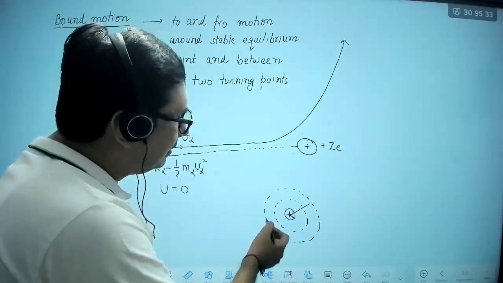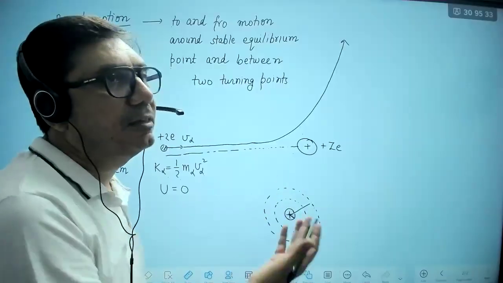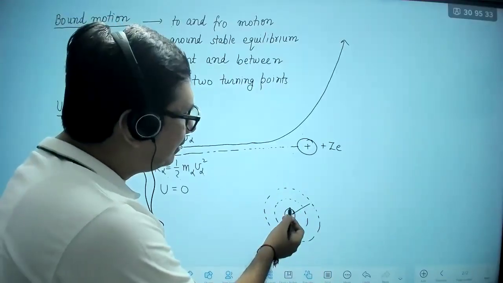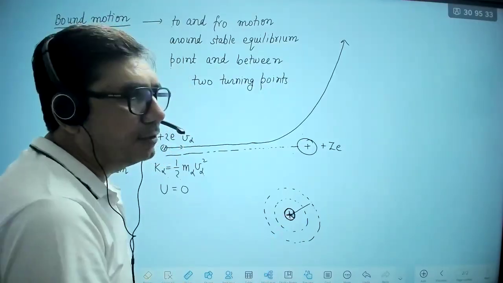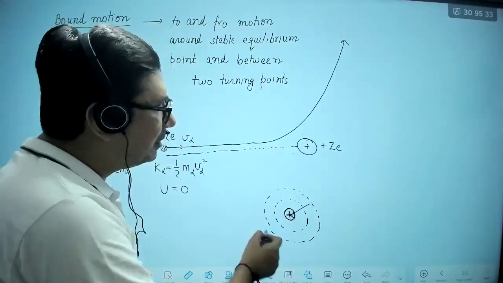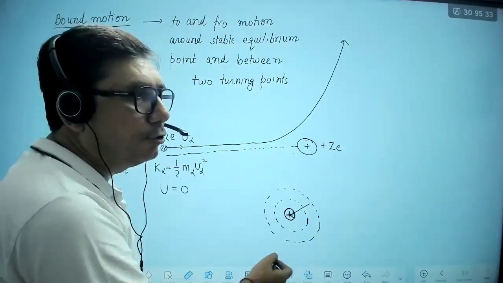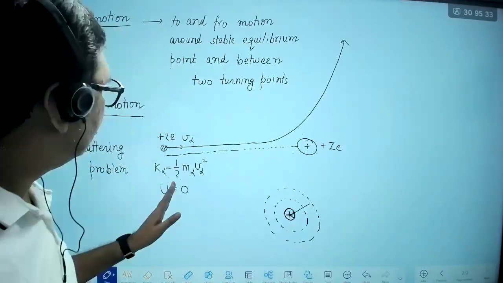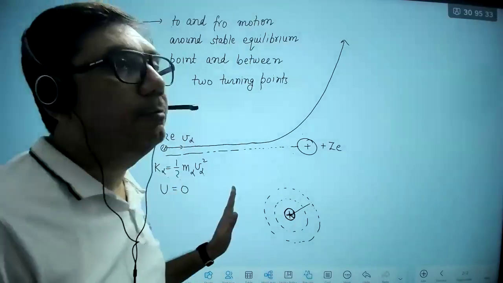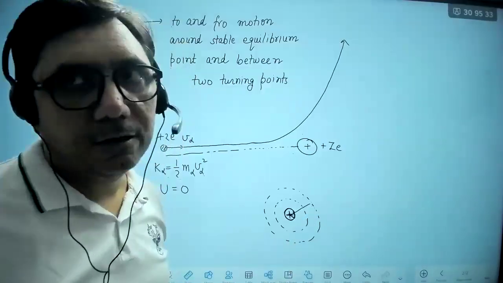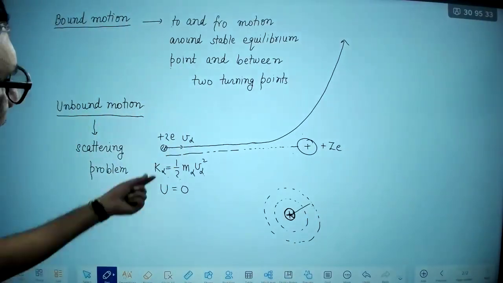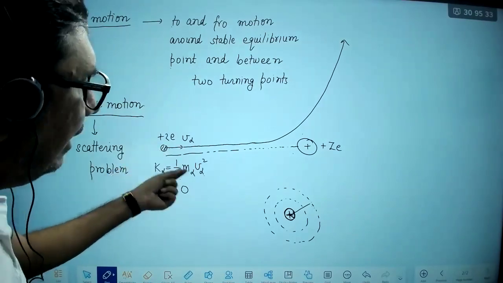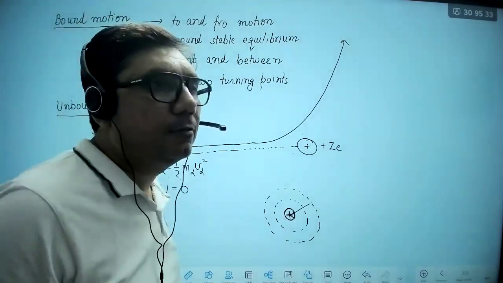So you can understand that this space is more or less empty. Most of the mass is focused here, and most of the positive charge is concentrated here. The electronic charge is distributed around it. So the main interaction will be between the alpha particle and this nucleus. Is it clear what I'm saying?